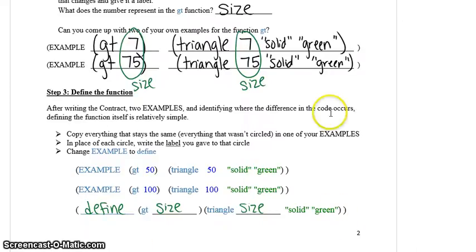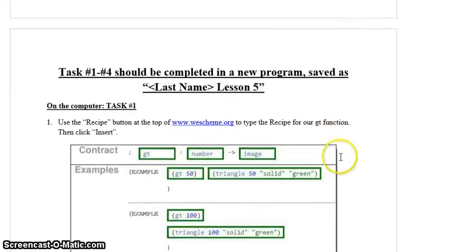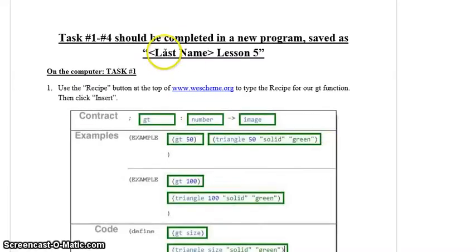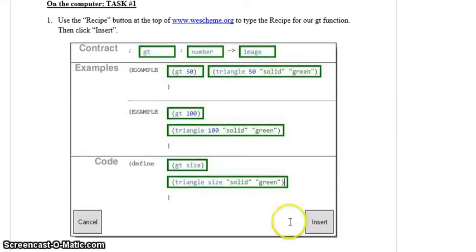So how does this work in the editor? Well, you'll notice on the next page of your packet, page 3, that you are supposed to be opening a new program in wescheme.org, calling it your last name, lesson 5, and you're going to be using the recipe button at the top to actually type this recipe in.